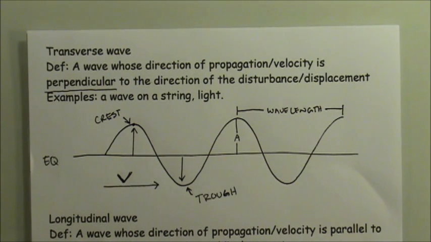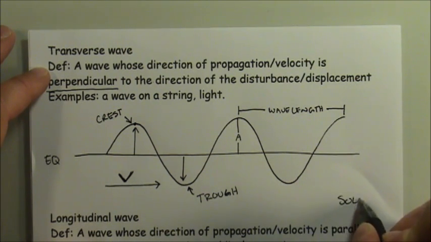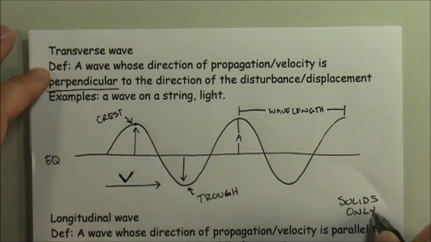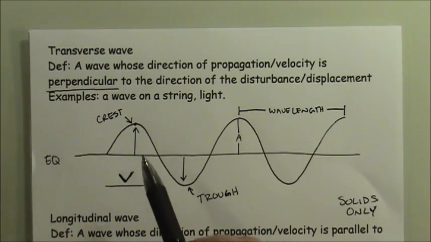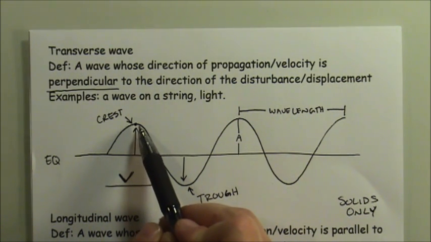So that is a transverse wave. One last thing I'd like to comment on about the transverse wave is that transverse waves travel in solids only. Because the only way that the transverse wave can be transmitted is that this guy has to be physically connected to the guy next to him.